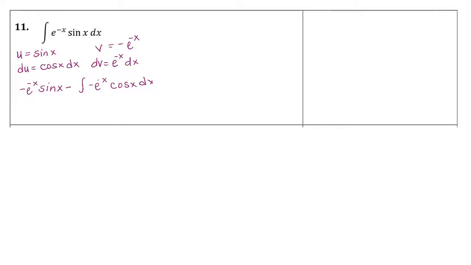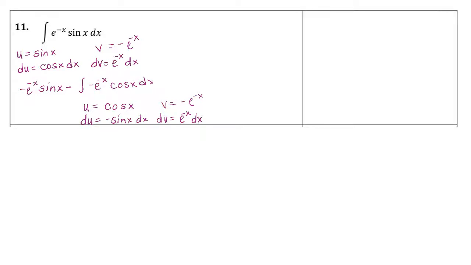So here I'm going to say, well, u again is going to give us cosine x, du is going to give us negative sine x dx, and then dv, we're going to make that e to the negative x dx. So v is going to be negative e to the negative x.